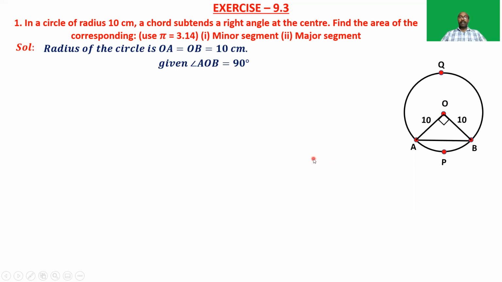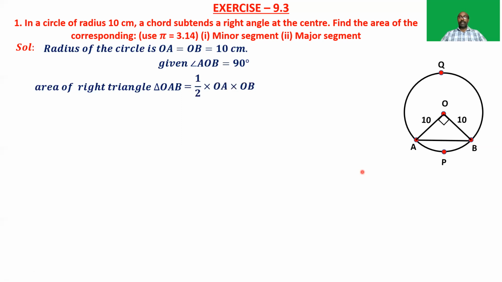Now the area of the right triangle OAB is half into base into height. As triangle OAB is right angled, if we take OA as base, then OB is the height of the triangle, isn't it? So the area of the triangle OAB is equal to half into base OA into height OB.